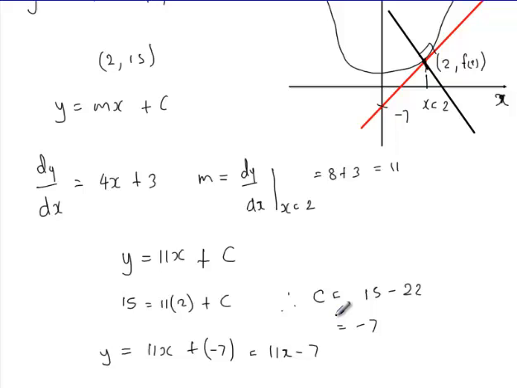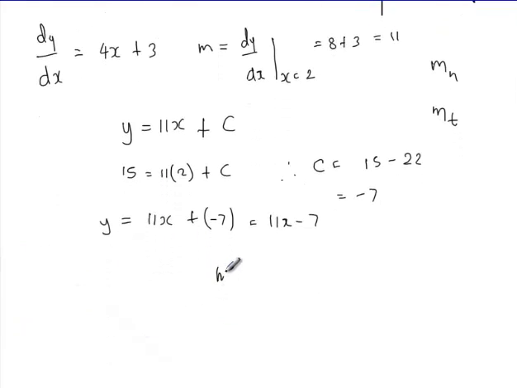The gradient is -1. No. If this is the normal line, I can call the gradient mn, and we've got the gradient mt. So what can you say about the two? Okay, that's exactly what I'm expecting.